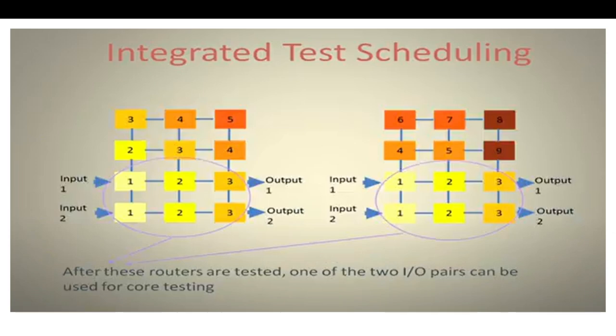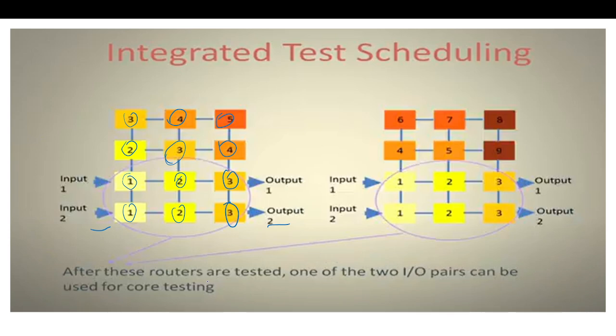So integrated test scheduling. This one we have already seen for the multicast example. From this, it was testing this, and then whichever port is connected, and then going to the next level, and then finally this one. So you can see that here and here there are two IO pairs.